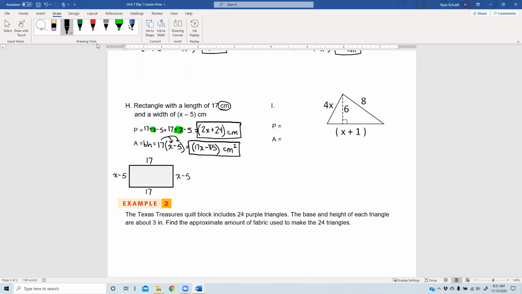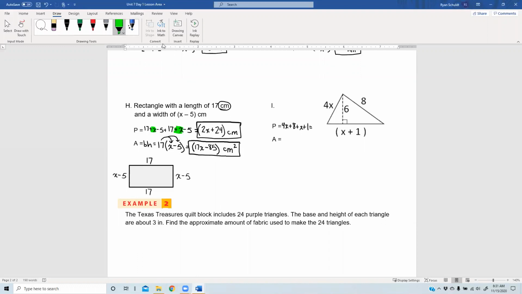Okay, next one. Again, they think it's funny to put letters in there, but that's okay. We'll show them. We can do it with or without letters. So perimeter, add up all the sides. 4x plus 8 plus x plus 1.